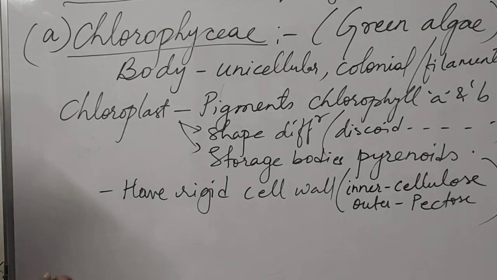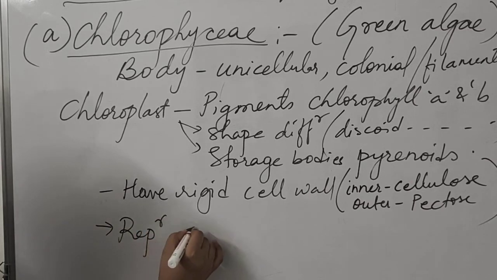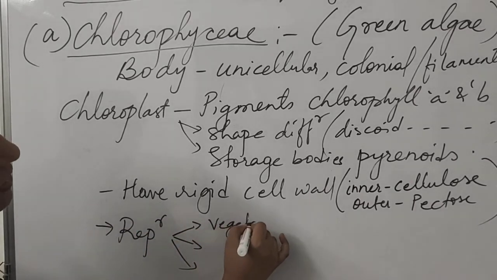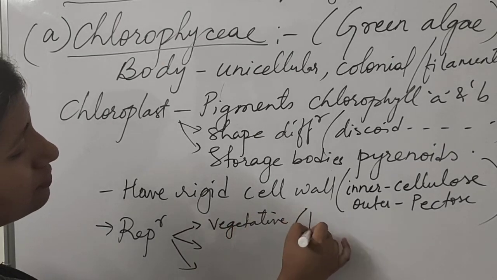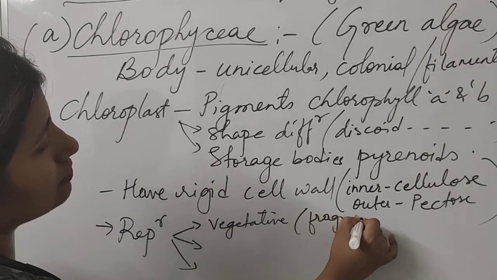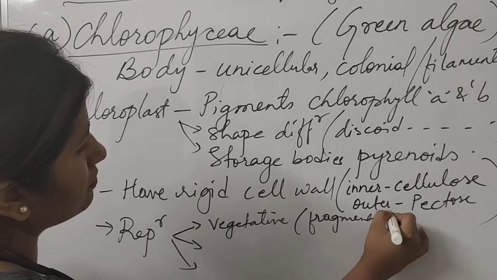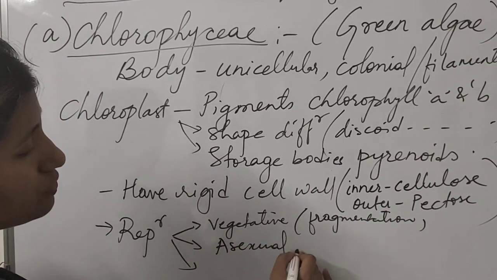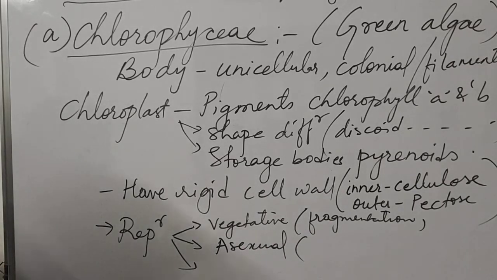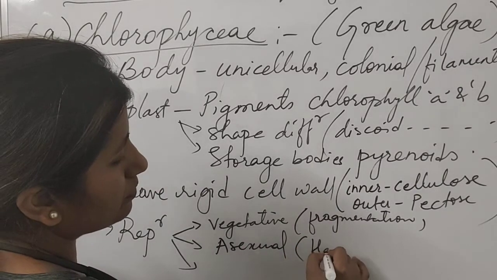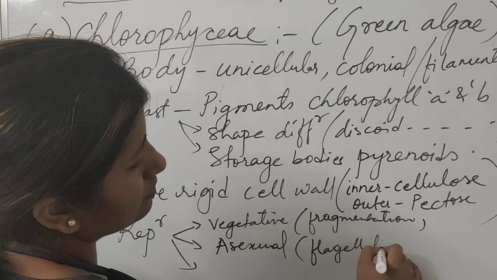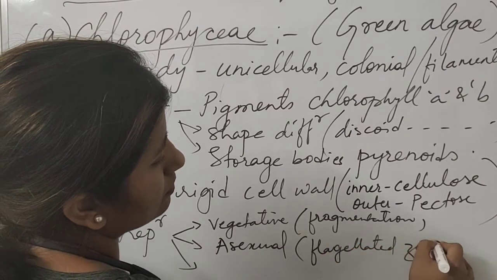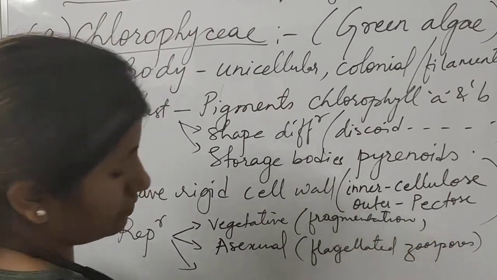They opt for all types of reproduction. Vegetative reproduction is by fragmentation, and asexually they reproduce by the formation of flagellated zoospores.